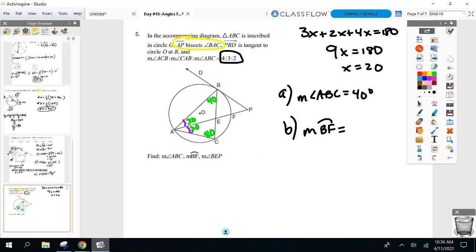Do you see angle BAF? That's 30 degrees. Okay, that's an inscribed angle, correct? So what do I have to do with that 30 to get to the arc it's drawn to?